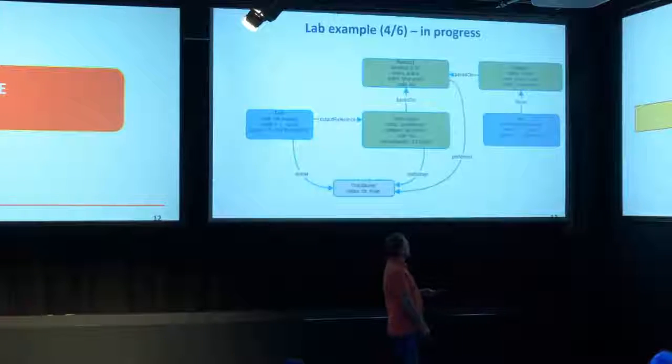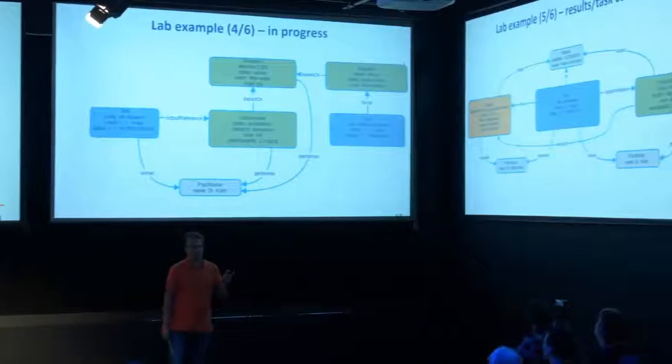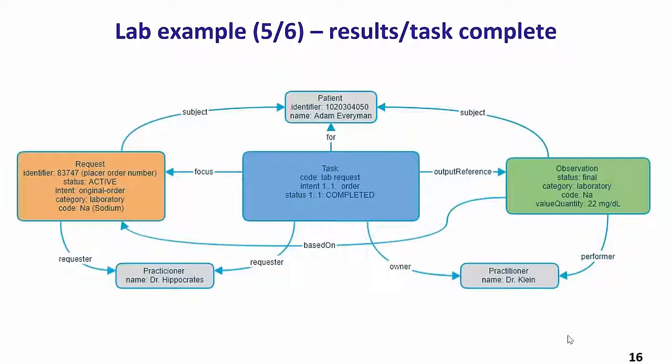But let's assume we have the blood. Then we create a preliminary result. And the preliminary result will have, in the status codes, as we can see, the observation now is actually final. And we see that the task is being completed because this part of this diagram is managed and updated by the order filler, the laboratory system.